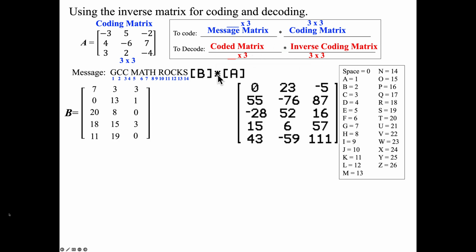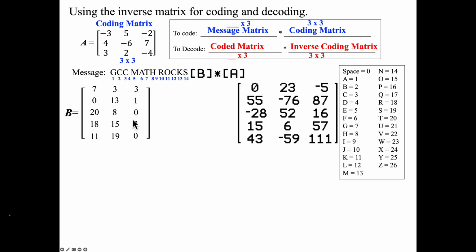So matrix B times matrix A is 0, 23, negative 5, 55, negative 76, 87, negative 28, 52, 16, 15, 6, 57, 43, negative 59, 111. Now, one thing I want to point out is look at, for example, the 3 3s. These numbers are nowhere near close to each other. No giveaways.